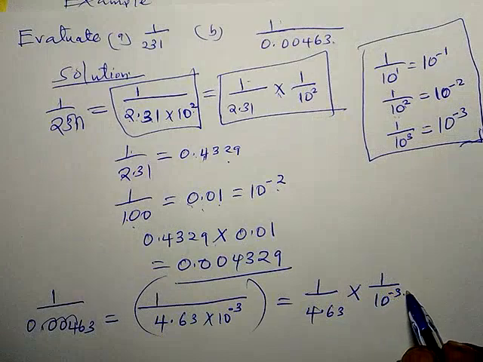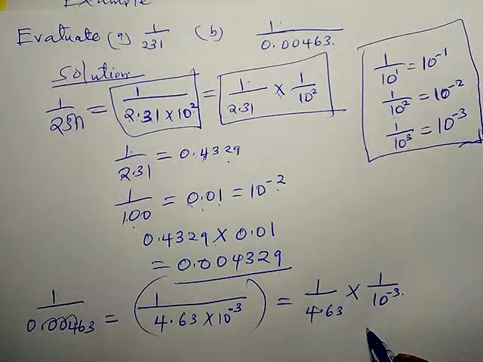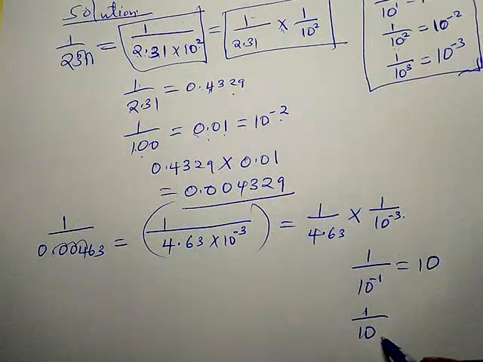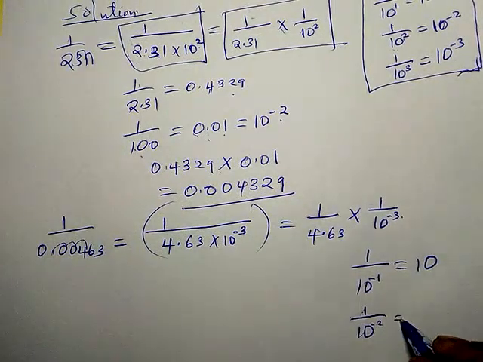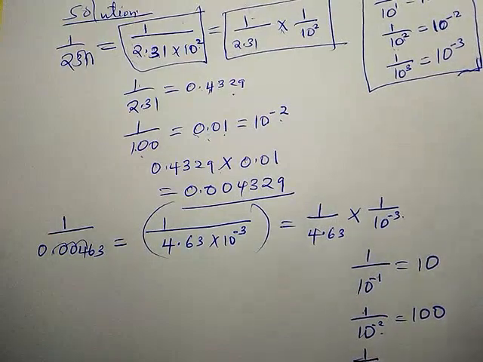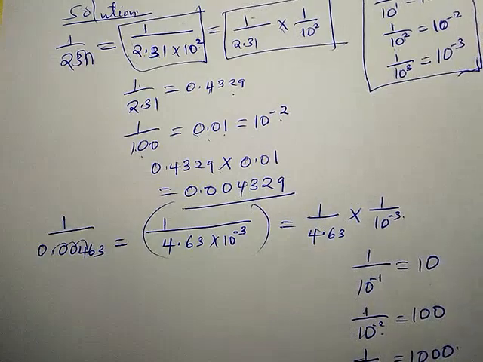Now, when the power is this one, I want to give you also this: 1 over 10 raised to power negative 1 is the same as 10. 1 over 10 raised to power negative 2 is the same as 100. 1 over 10 raised to power negative 3 is the same as 1000.